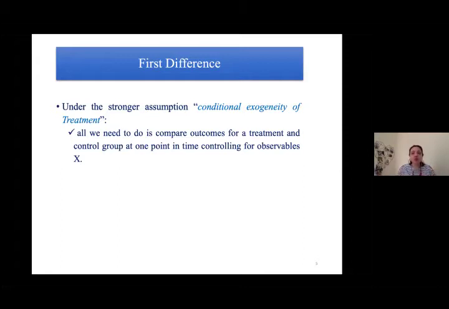So I will control only for observable characteristics. I will compare the outcome of the treated group with the outcome of the untreated group, and I don't need to consider the unobservable characteristics. And this is what we call the first difference approach.